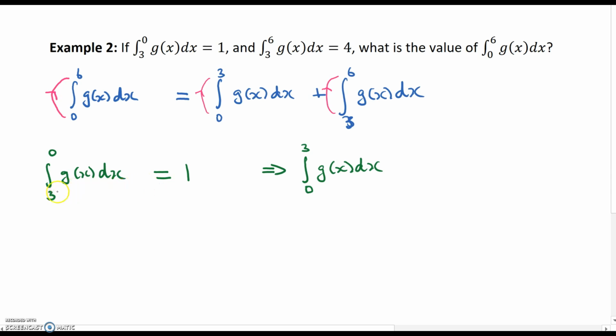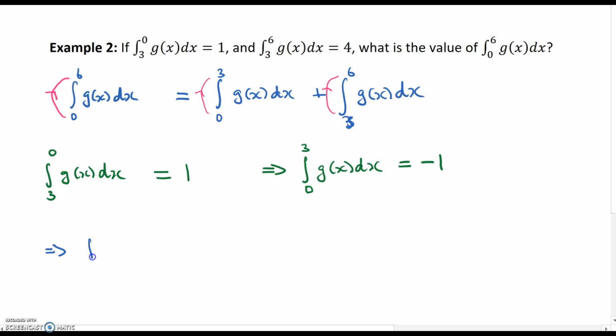So instead of the integral from 3 to 0 being equal to 1, the integral from 0 to 3 will be equal to -1. So we know that part, and then we know this part as well, because that's given directly in the question. So very quickly we can answer this question now.